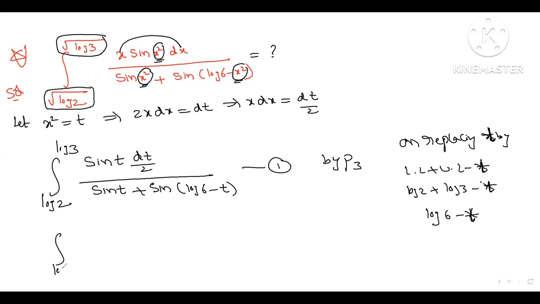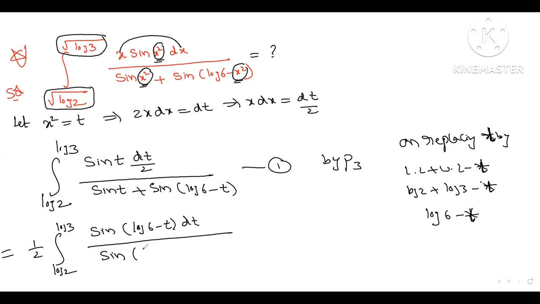Integral log 2 to log 3, sin of log 6 minus t dt by sin of log 6 minus t plus sin of t, with 1 by 2 constant right outside.